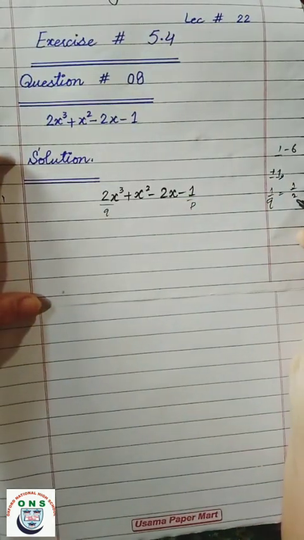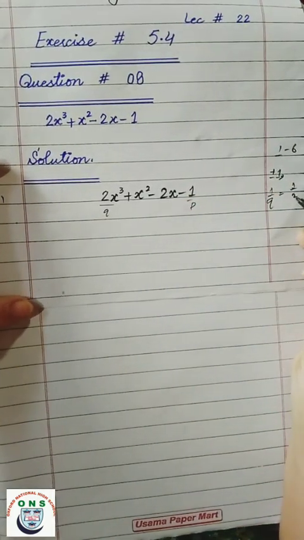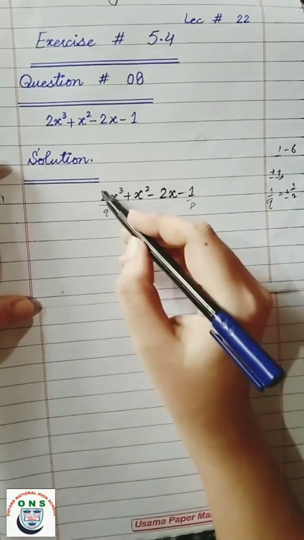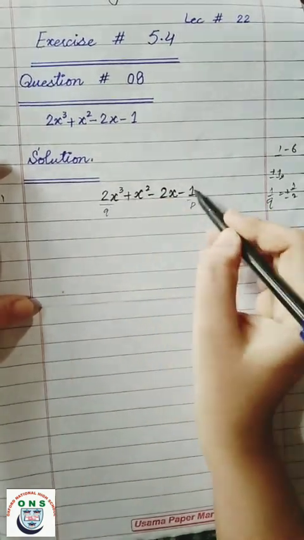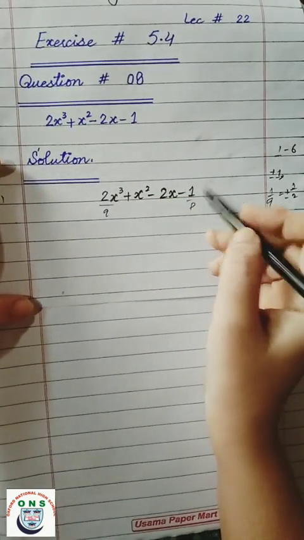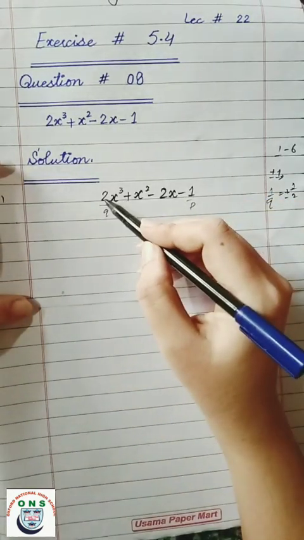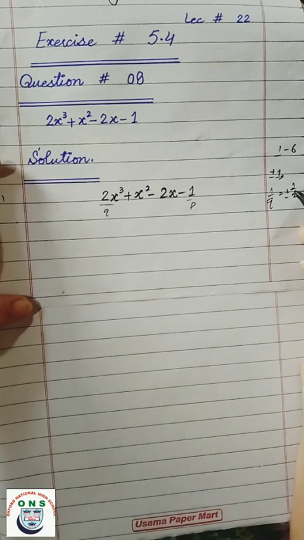1 by q is 1 by 2. Okay, so what are the factors of 1 by 2? Plus minus 1 by 2 and plus minus 1, because 1 and the coefficient, these both are multiplied and we have to take their factors. So the factors of 1 are plus minus 1, and the factors of 1 by 2 are plus minus 1 by 2.